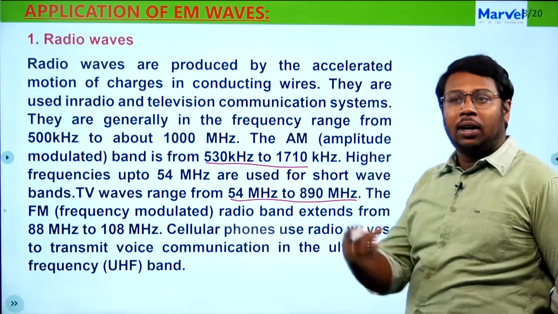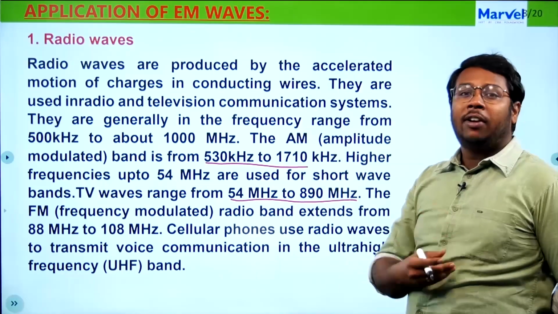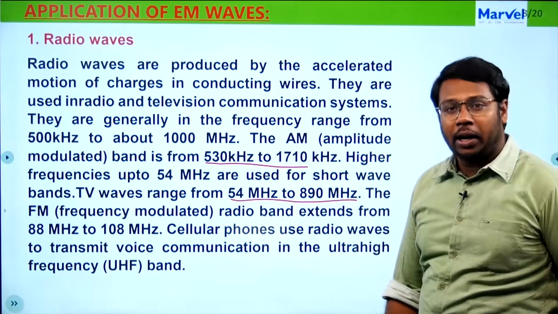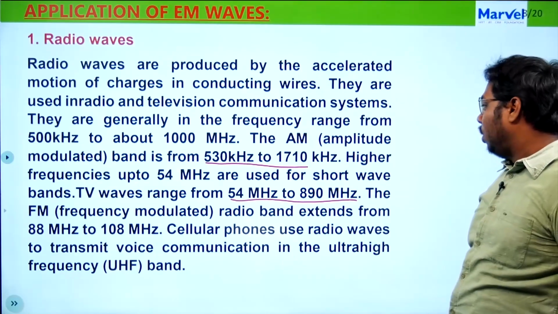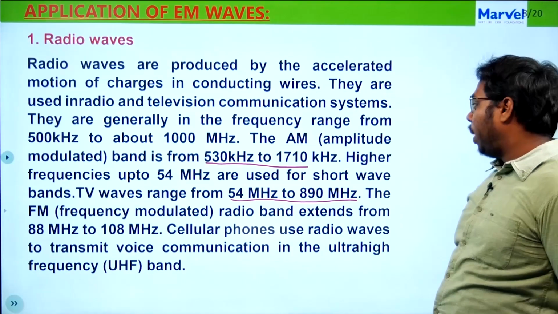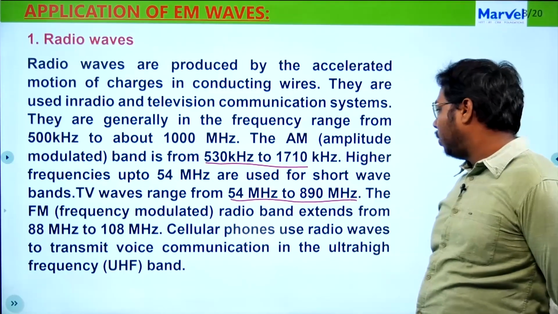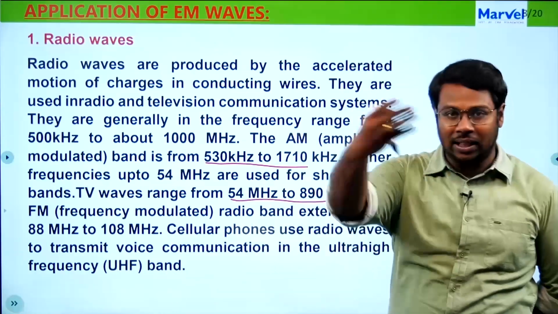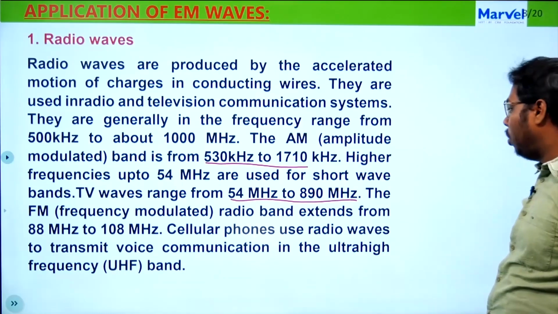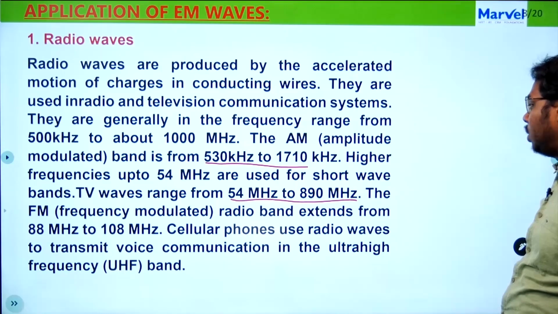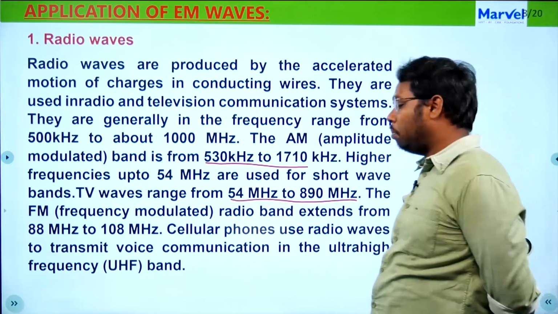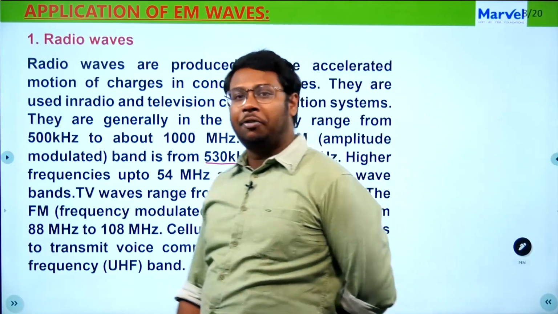So the waves that we get for our television have higher frequencies. The FM radio band extends from 88 megahertz to 108 megahertz, which is a bit less than the one we receive for the television. The cellular phones use radio waves to transmit voice communication in the ultra high frequency bands. So that is completely different.